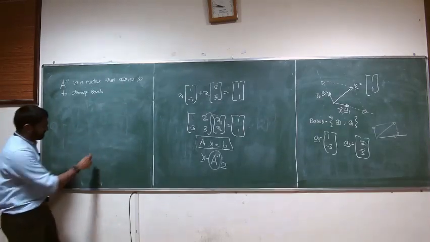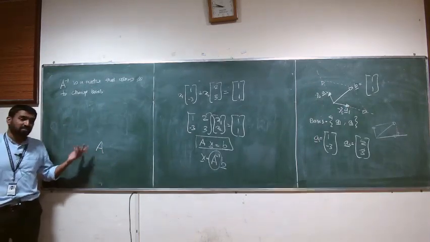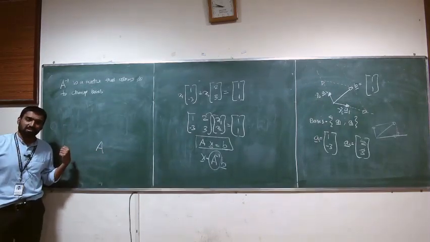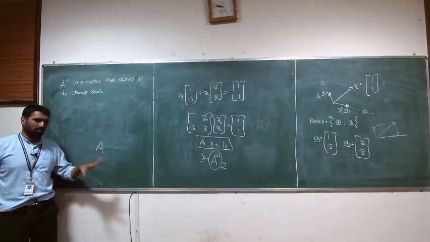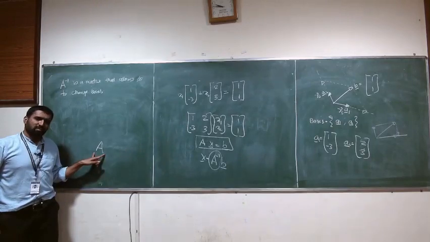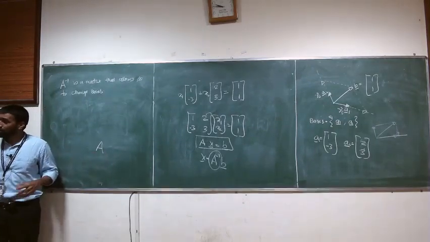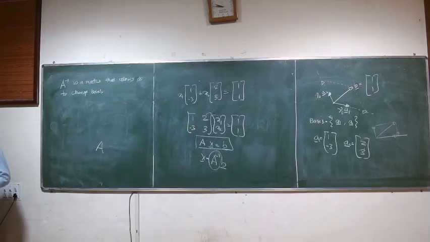Let me ask you this. Is A a matrix that allows you to change basis? If so, to what basis does it allow you to change to? You understand the question?